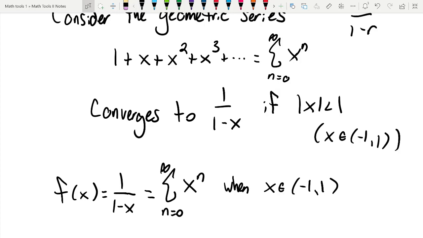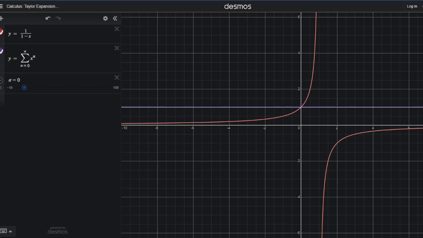So I want to show this graphically. Okay, so I have the graph here. What I have graphed here is the rational function 1 over 1 minus x, and then this series right here. Obviously, we can't represent an infinite series, but we can represent a finite series.